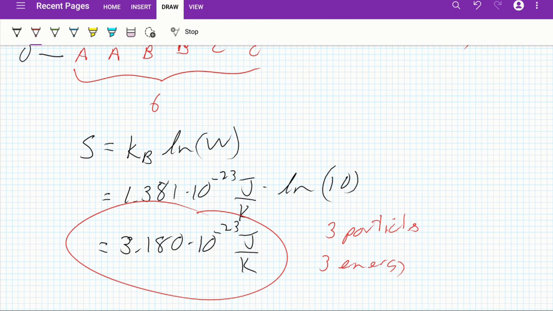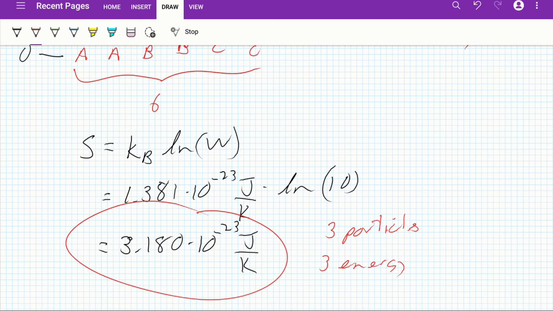This number with 3 particles, 3 units of energy, probably not meaningful, at least in a real-world context, but it is how we build up to determining the entropy in macroscopic particles. We're going to see tables where entropy is tabulated. And statistical mechanics goes from what we are doing here to the values you see tabulated.